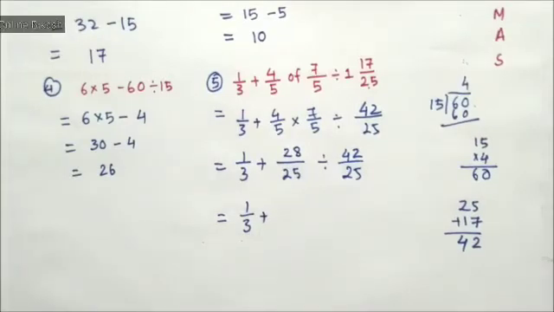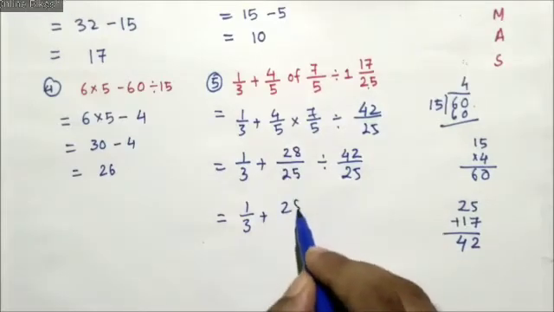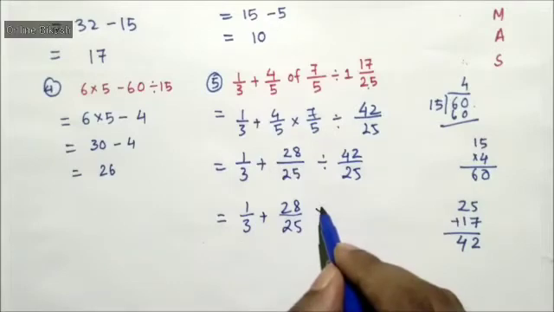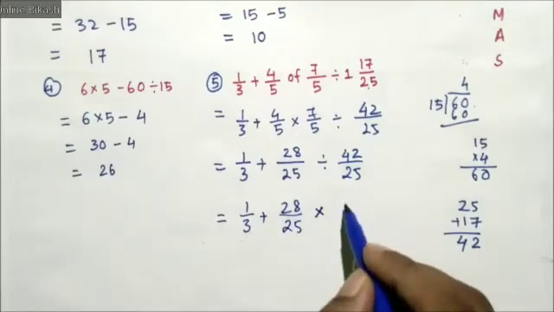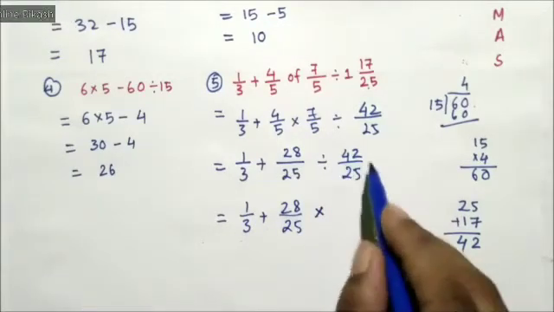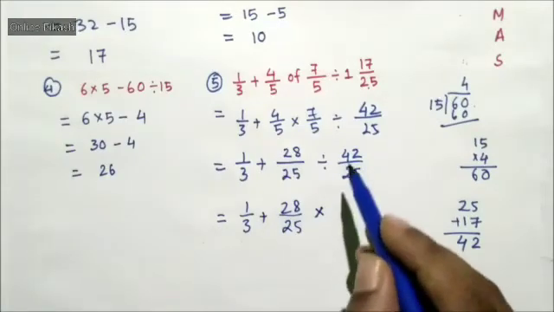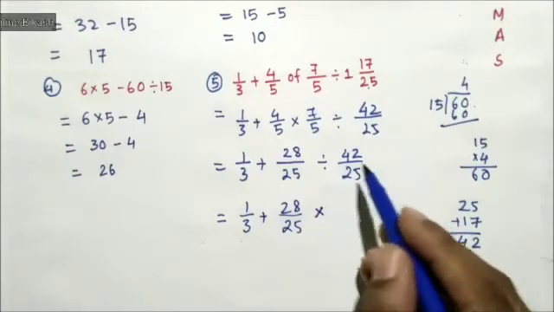Now, how to divide two fractions? You just need to change the division sign to multiplication, and the fraction will be turned upside down. That means 25 is in the denominator here, so it will become the numerator.